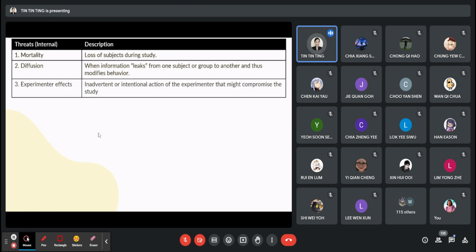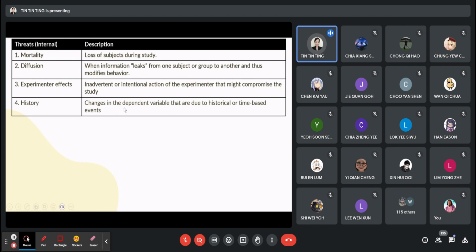Next, experimental effects, inadvertent or intentional action of the experimenters, meaning those who carry out the experiment. For example, if I'm carrying out the experiment for students, I'm the experimenter. If I have unstable emotion, then this will also affect the result.